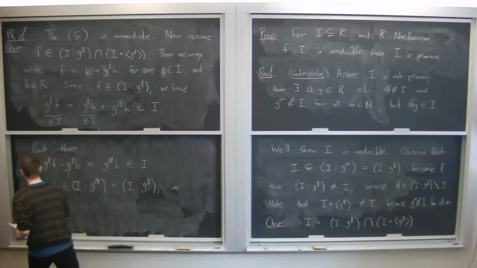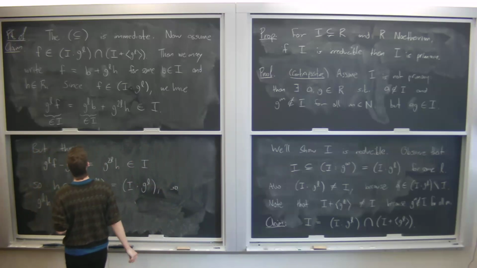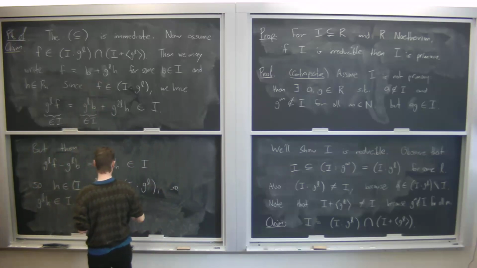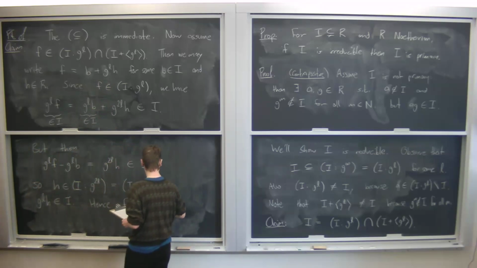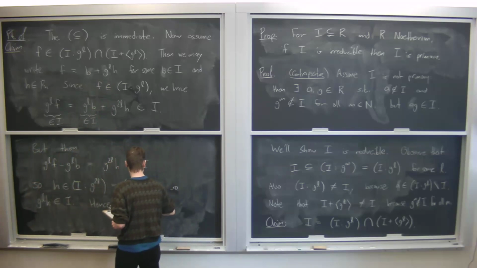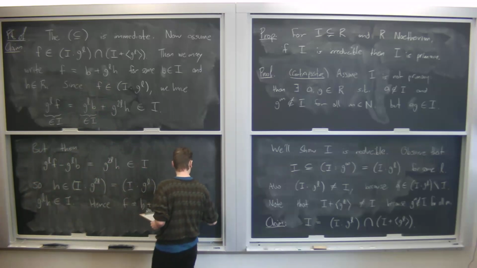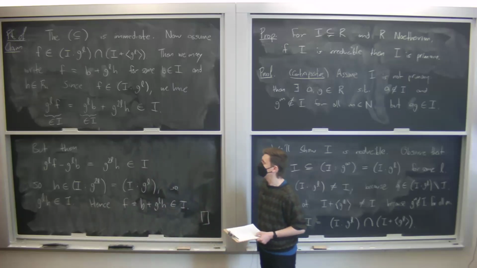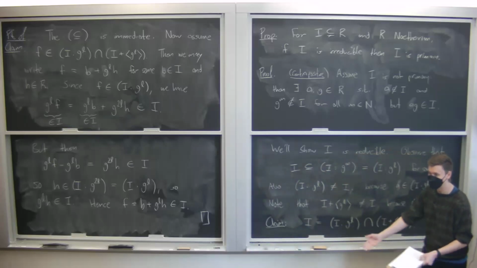So g to the L times h is in I. And hence F is the sum of two things in the ideal I. F is B plus G to the L times H. So it's in I. So my claim is proved, and therefore I is reducible.